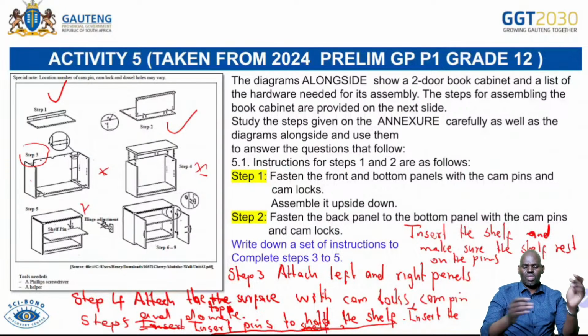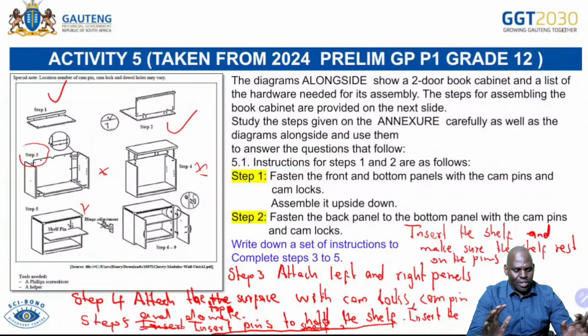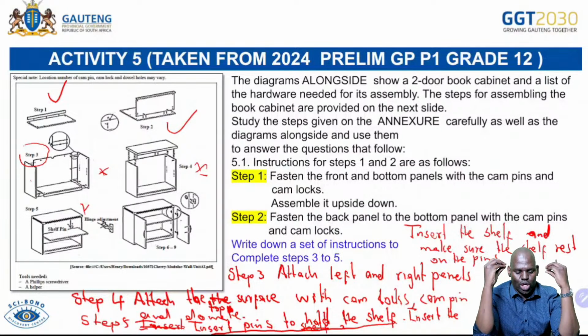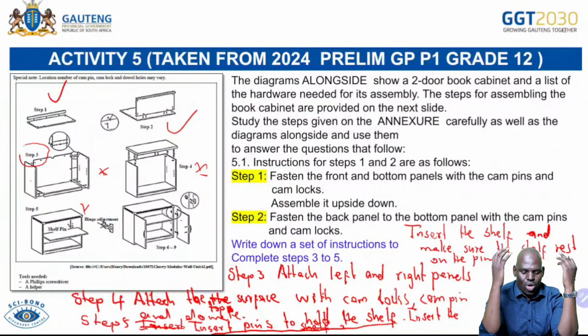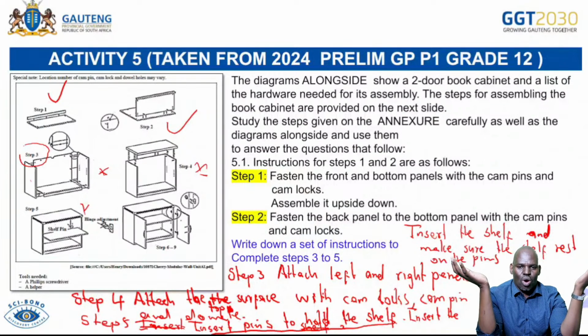Okay, so in this case, we don't expect you to write the instructions exactly as they are. They must be close to what I've explained here. And remember, you don't have to use very long sentences. As long as your explanation is very short and understandable, that will be acceptable.